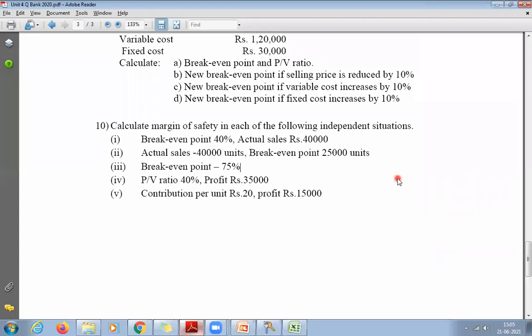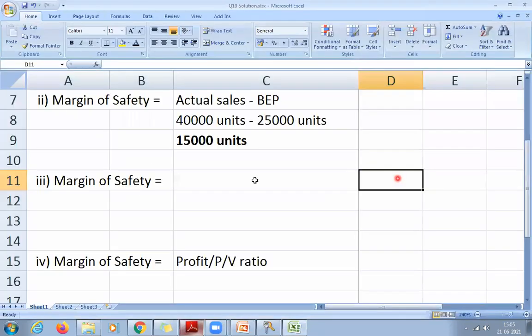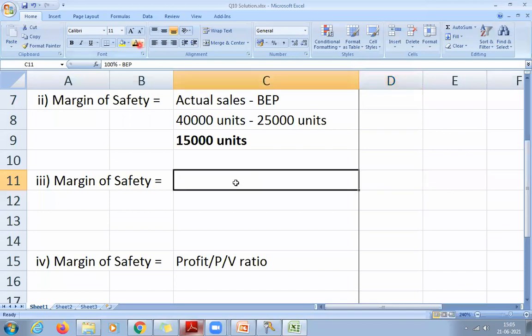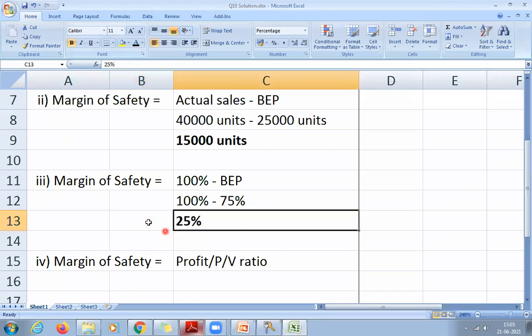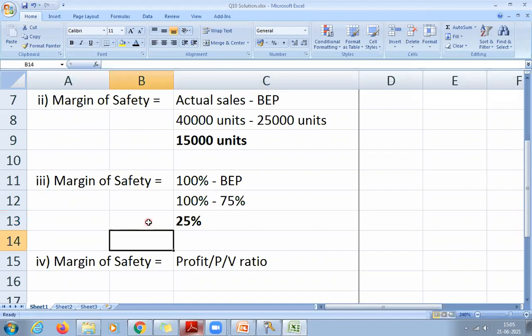So out of 100, 75% is break-even point. So how much is the margin of safety? 100 minus 75% is 25%. A 25% margin of safety is good. Actually, it's not a bad thing.